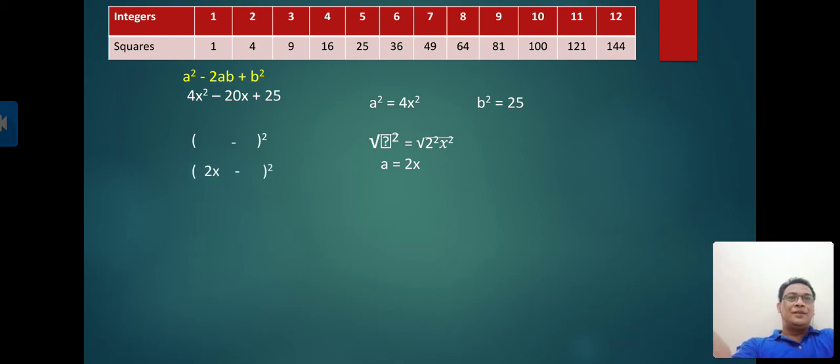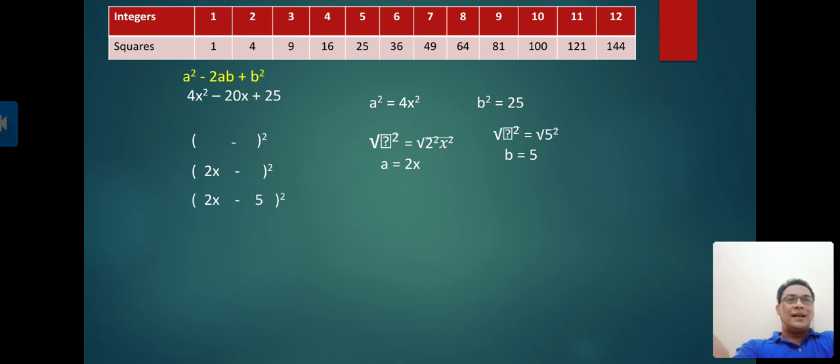Then your third term, get the square root of your third term. Again, this is b squared, and 25 is 5 squared, so 5 squared is equal to 25. If I get the square root, that will be 5. So that is 2x minus 5 squared.